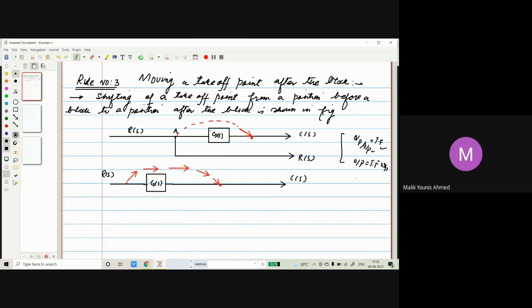The transfer function is G(s) and the input is R(s), so the output is R(s) into G(s). So up to here the value is R(s)G(s). But now this point has been shifted here. While shifting this point, we'll shift it like this.